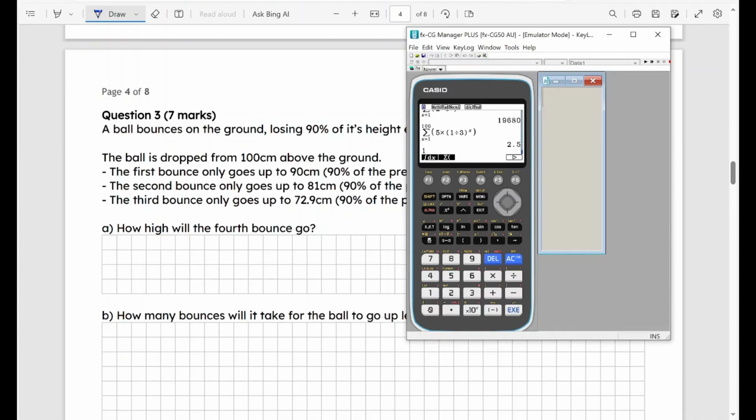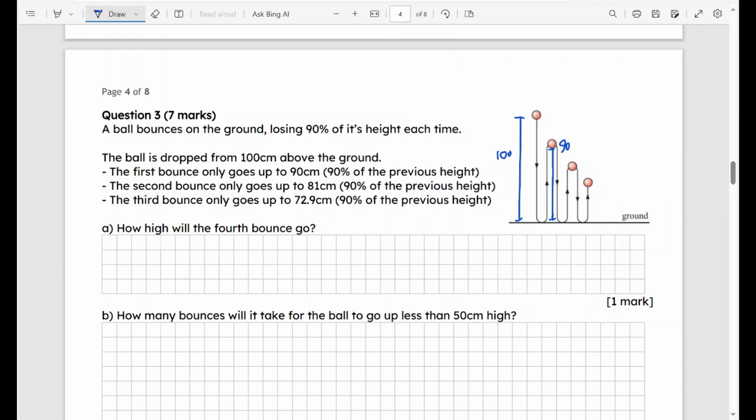There we go, 100 times 0.9 gives us that 90. And if we times 0.9 again, it gives us the 81. And if we times 0.9 again, it gives us 72.9. So in theory, if we times 0.9 again, we should get our next bounce height, which is 65.61. 72.9 times 0.9 is that.